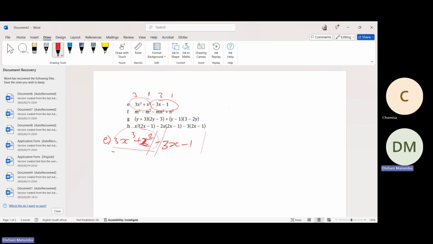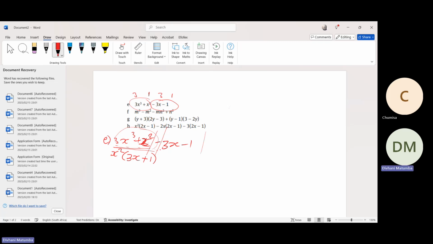So if we take out x squared, what are we going to be left with between these two? Three, sir. 3x plus 1. Okay.